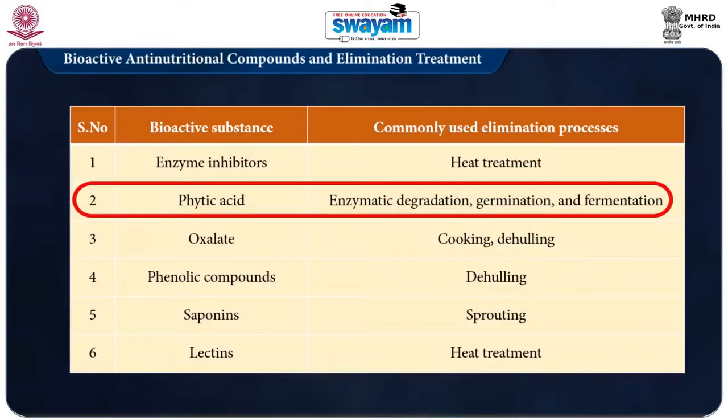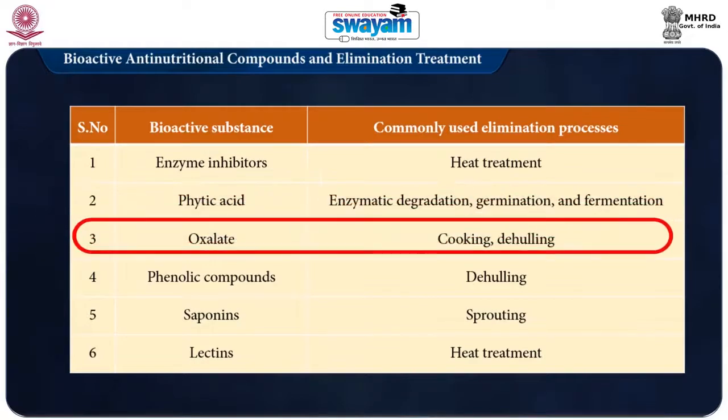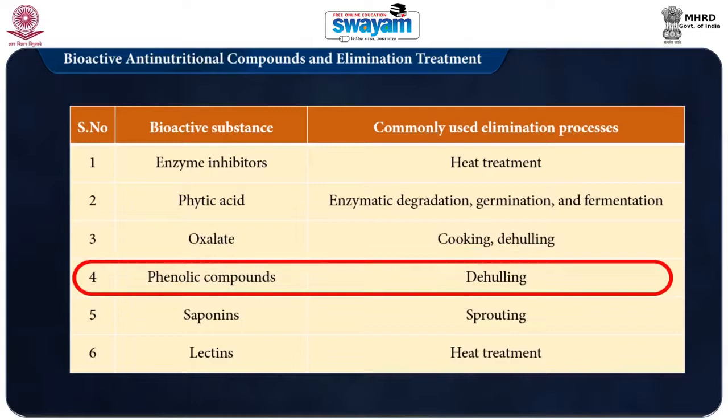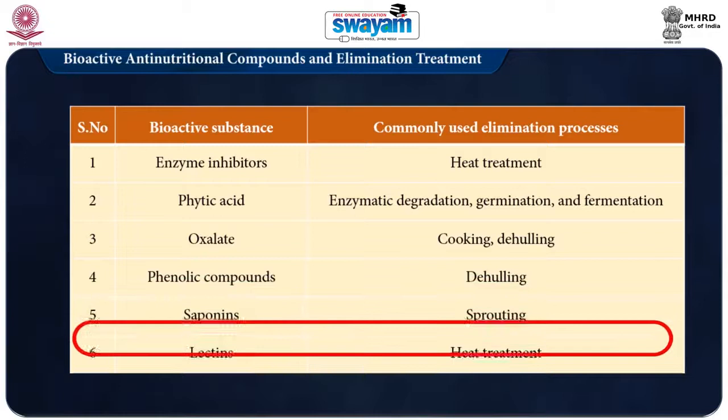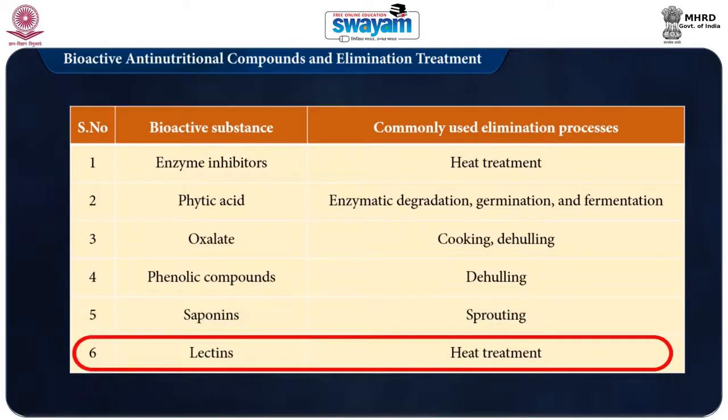For phytic acid, enzymatic degradation, germination and fermentation can be used. For oxalate, cooking and dehulling are recommended. Then for phenolic compounds, dehulling, for saponins, sprouting, and for lectins, heat treatment.